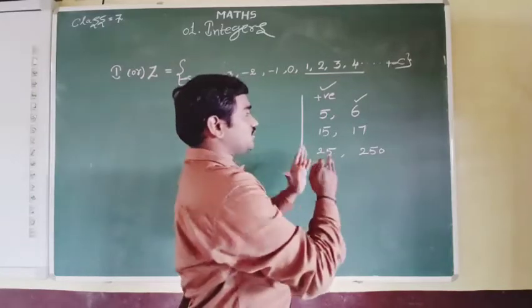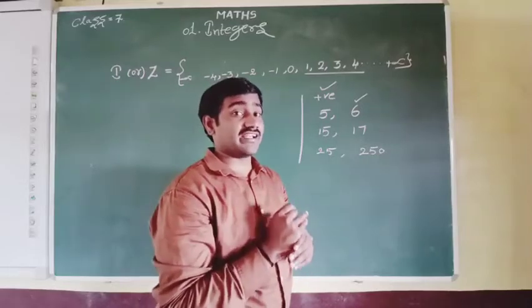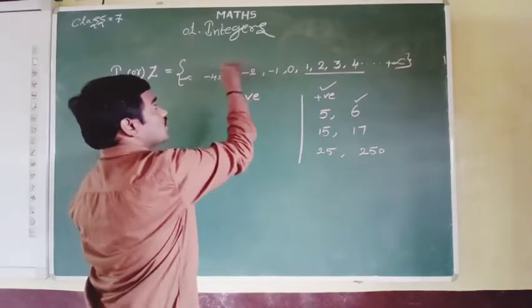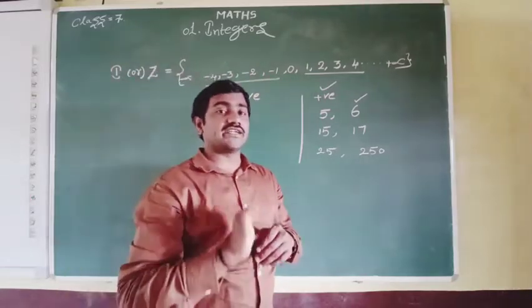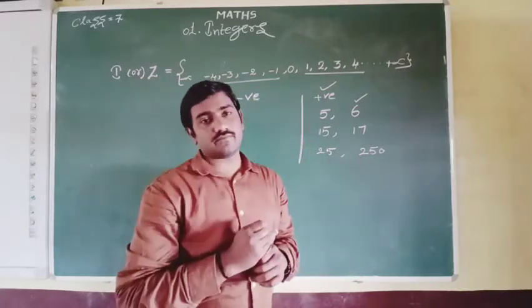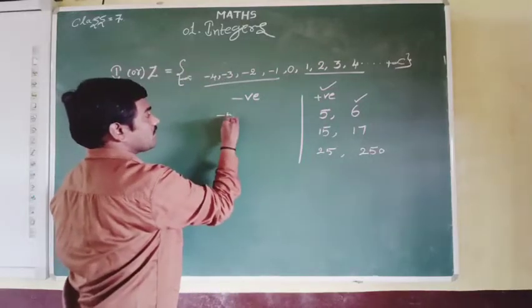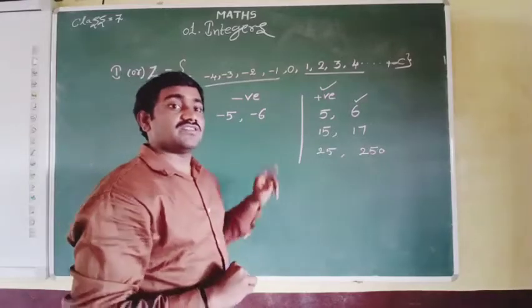In positive values, it is very easy to identify the greater number and smaller number. But when it comes to the negative numbers, it's quite opposite to the positive numbers. So let's take the same examples here. Minus 5, minus 6. Which is the greater number?